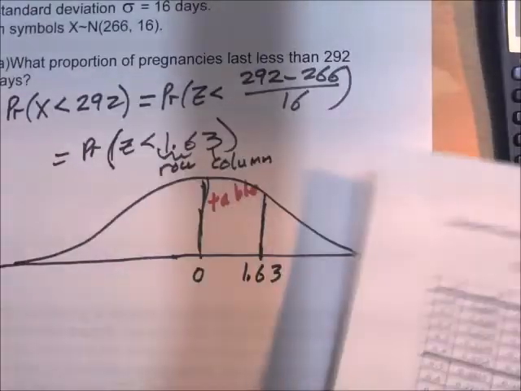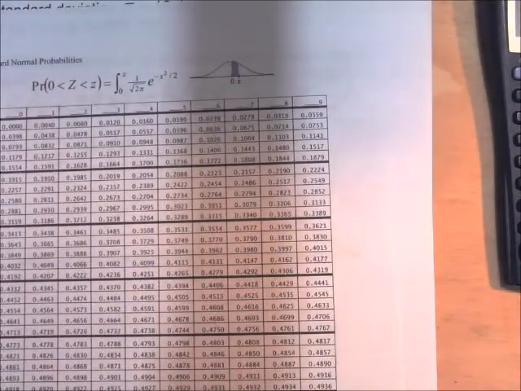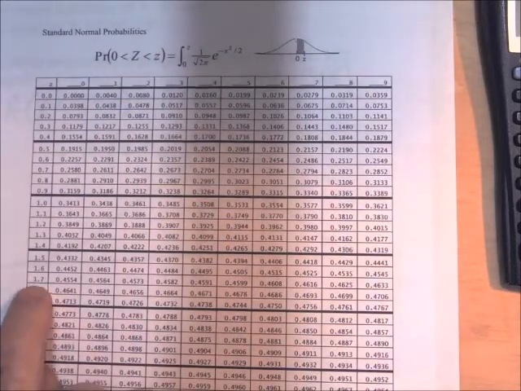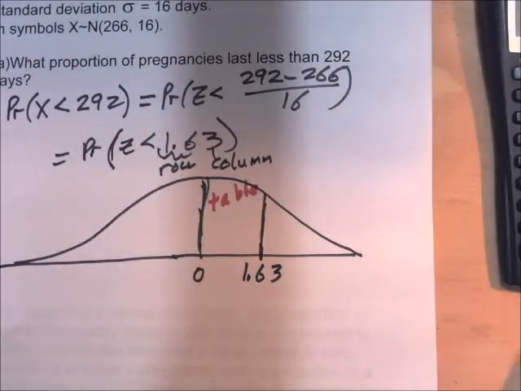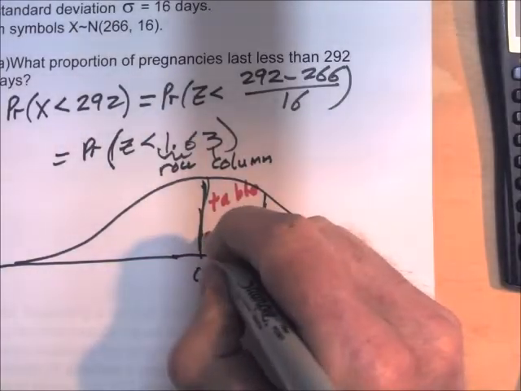In the table, if we go to row 1.6, column 3, the column is labeled 3, we see 0.4484. So that's what's in the table.